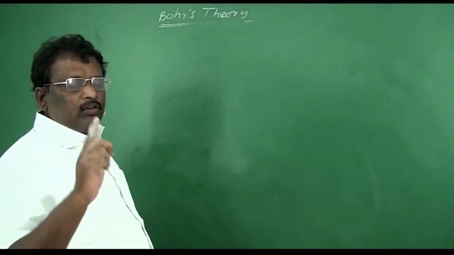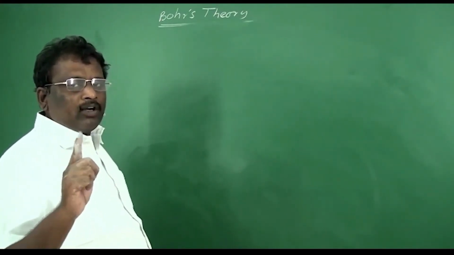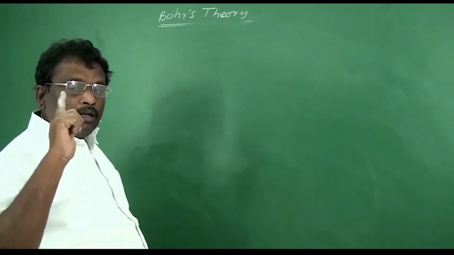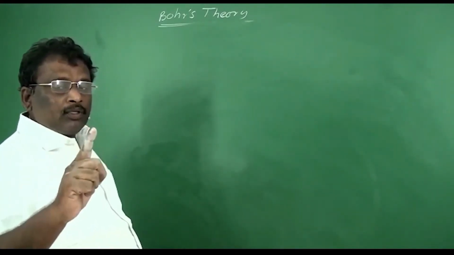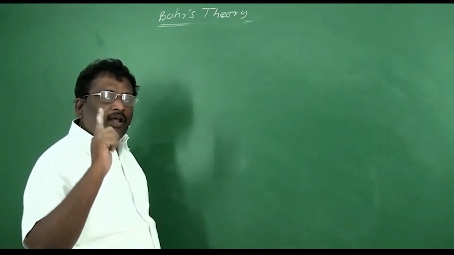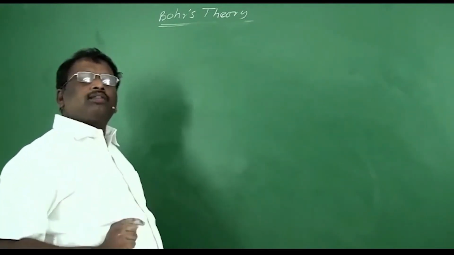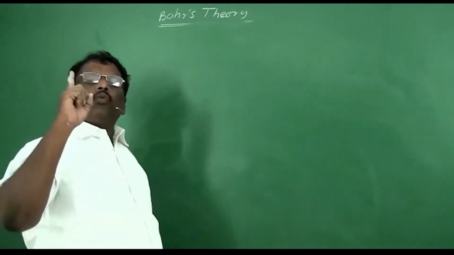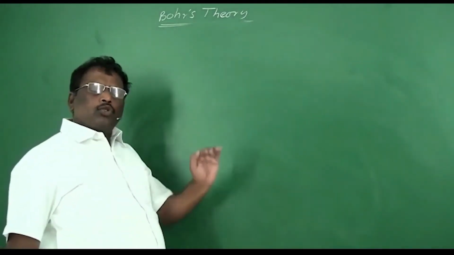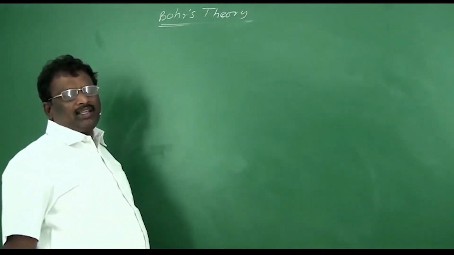Remember, Bohr's theory was only regarding hydrogen because he did the experiments on the hydrogen atom. The whole theory is applicable only for the hydrogen atom or hydrogen-like ions which have only one electron. So Bohr was able to calculate the radius of the hydrogen atom.